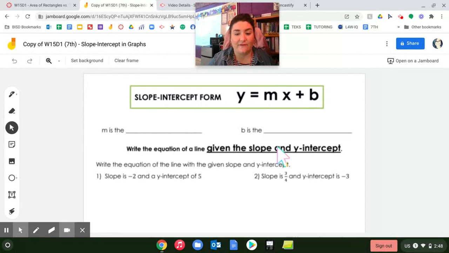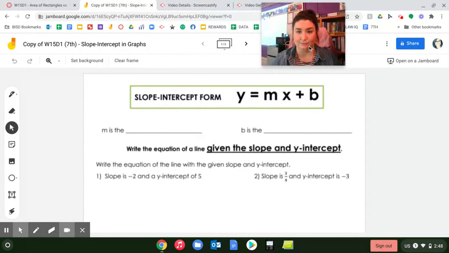I put this stuff on the first slide so that you can come back to it as a starting point if you forget what the equation is or if you just need a little refresher. This is just notes for you, okay? So we have M and B. Those are the parts that are going to change in our equation.